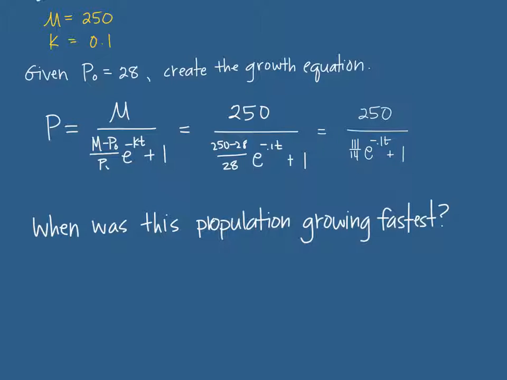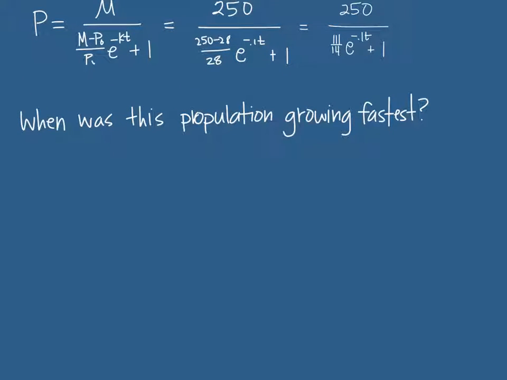Right, when was this population growing fastest? I want you to think about the graph of this equation. Where does it have the steepest slope? Where is this population growing at its fastest rate? It's going to be right smack dab in the middle there.